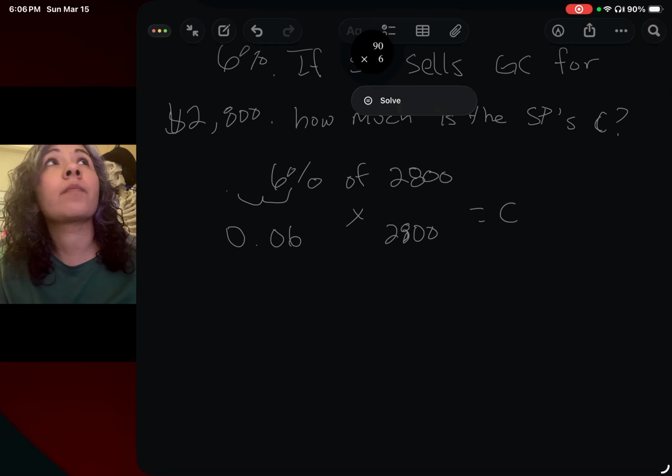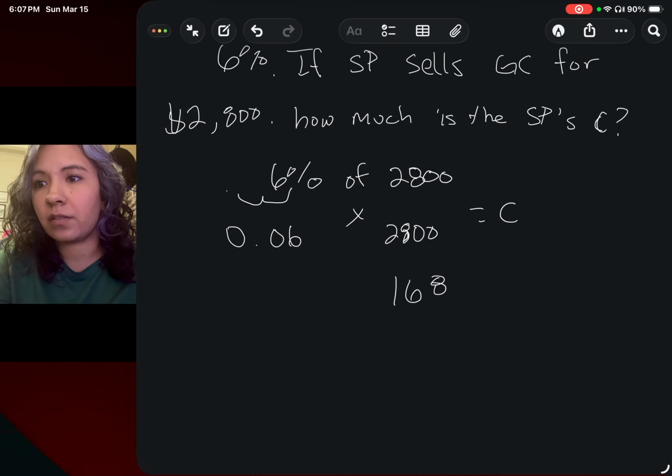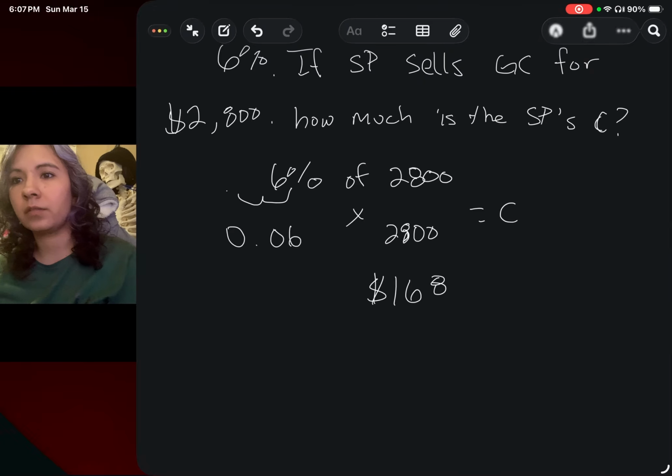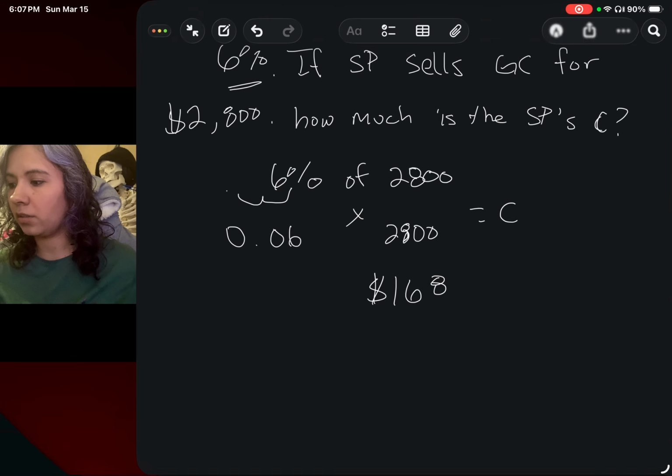So even though this person sold the gaming computer for almost $3,000, they make $168 off of that sale at a 6% commission.